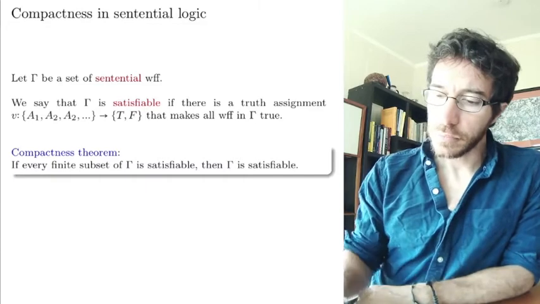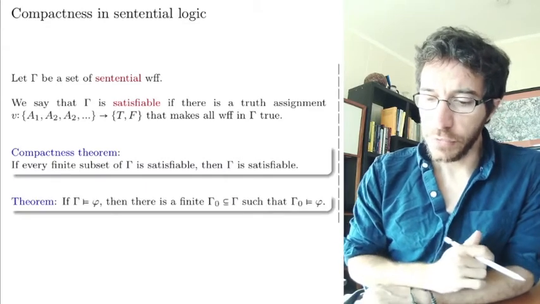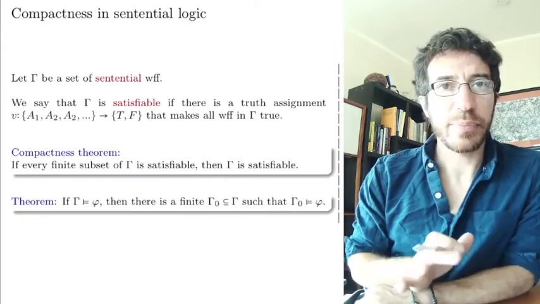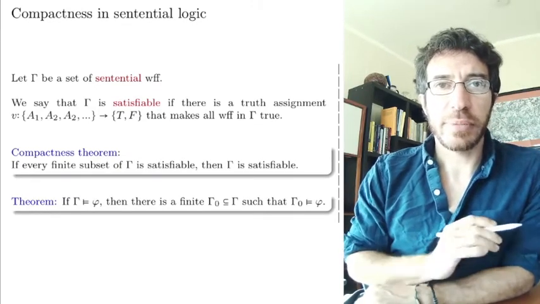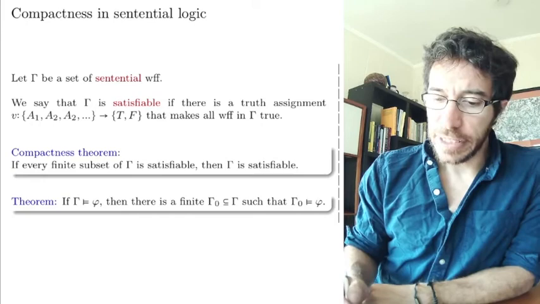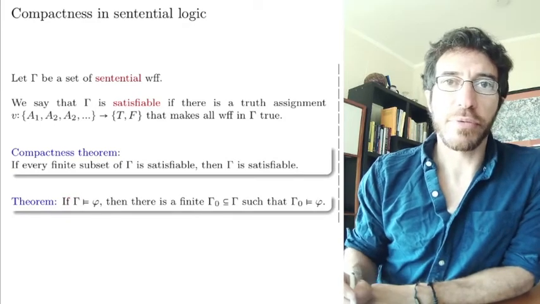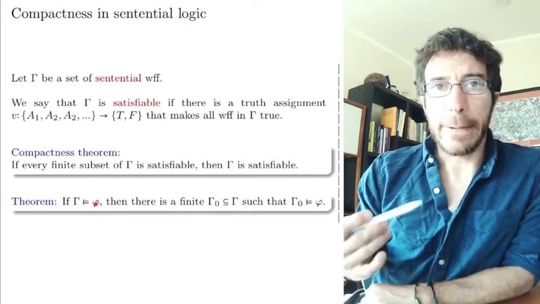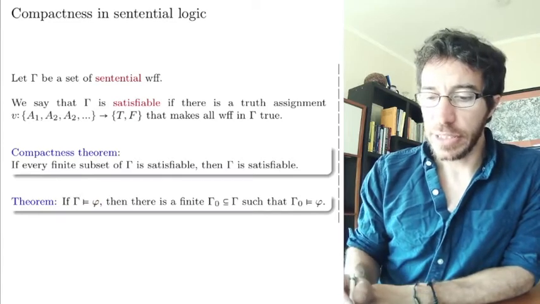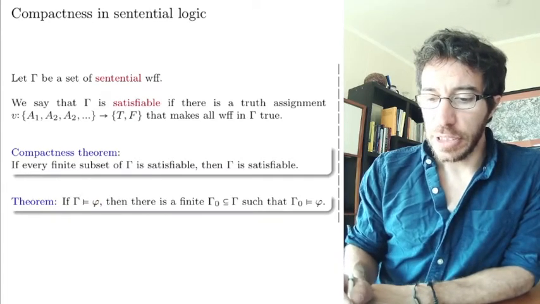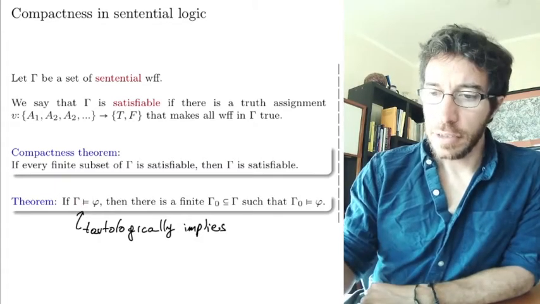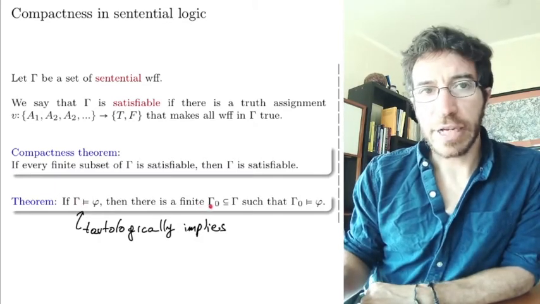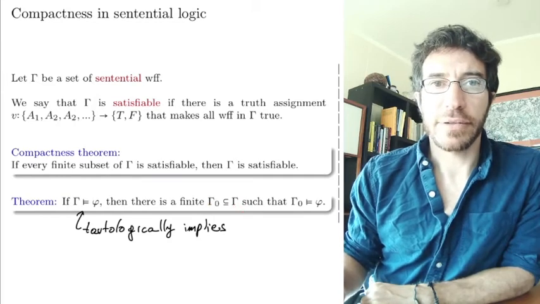Okay, similar to what we had before, the same proof we used last week works here to prove this theorem: if a set of well-formed formulas gamma semantically implies, which in the case of sentential logic is tautologically implies, the formula phi, then there must be a finite subset of gamma that already implies the formula phi.